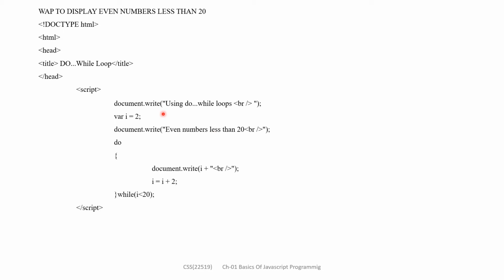Now the logic of the program is: do, and the statement will be executed first, afterwards the counter is incremented, and at the end of the loop the while condition will be tested. Now we will end the program.